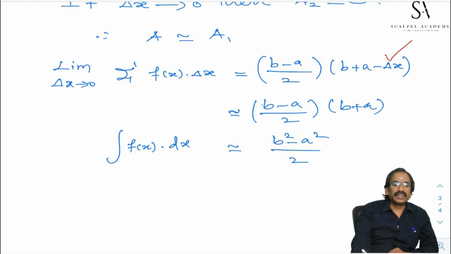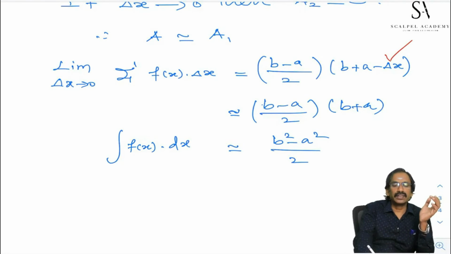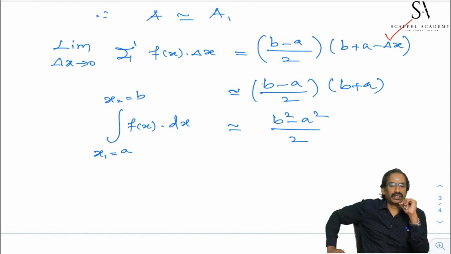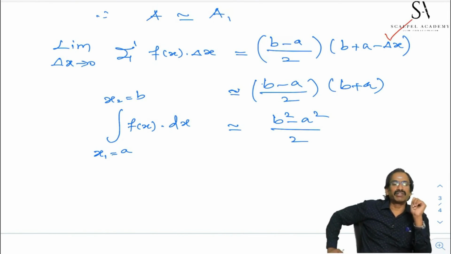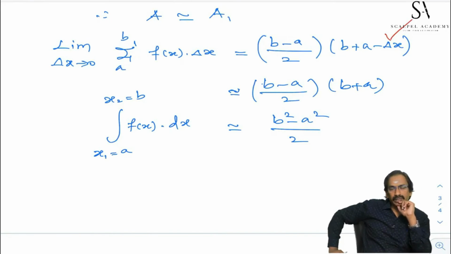You have to read this as integral. You have to put the lower limit here, x1 equal to a, x2 equal to b. This is the symbolic representation of the limit delta x tends to 0 of the summation f of x delta x, where x is varying from a to b.